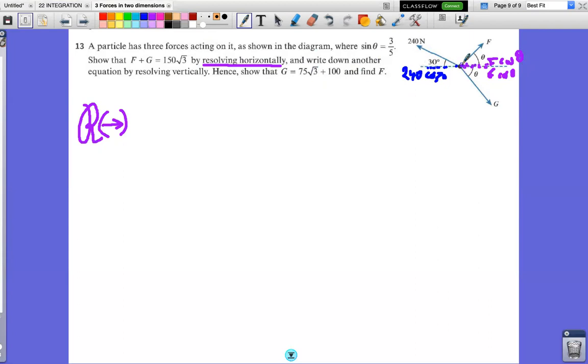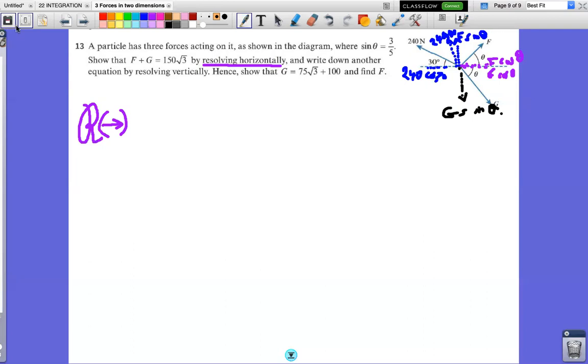And then vertically, you have F sine theta, and you also have 240 sine 30, and downwards you have G sine theta.